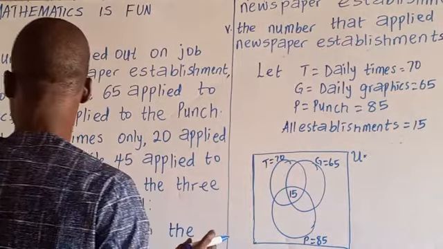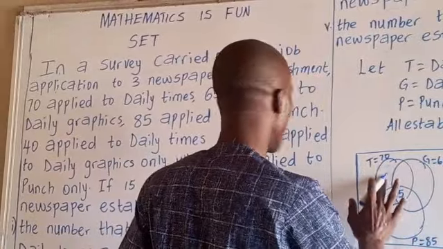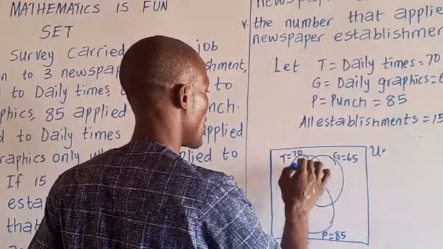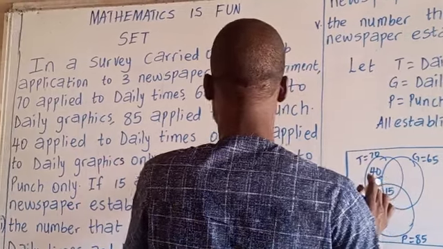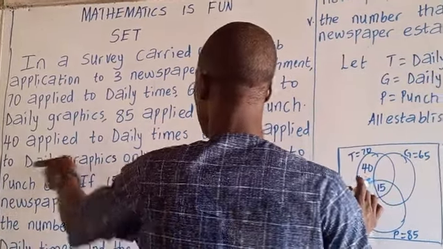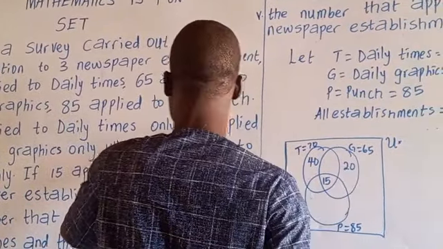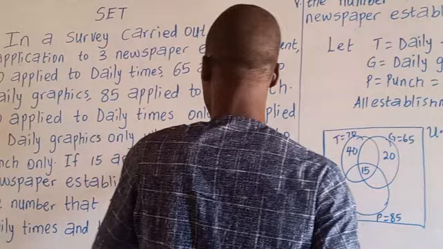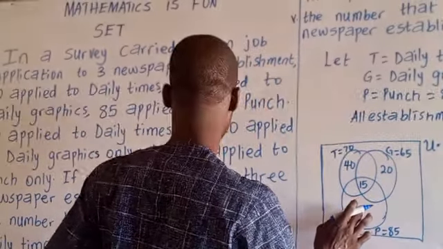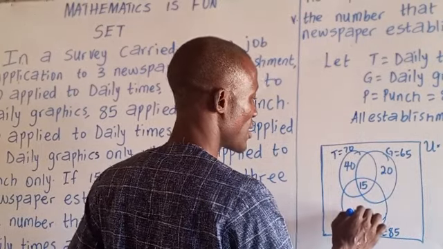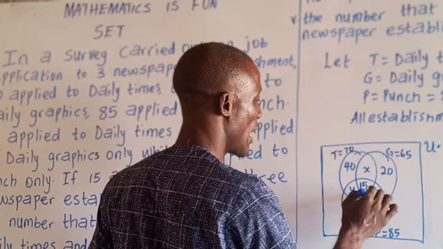Daily Times only, we're told that 40 applied to Daily Times only, so we have 40 here. Daily Graphics only, 20 applied, so here we have 20. Then 45 applied to Punch only, so this is 45. Now we can call the remaining places X, Y, Z.